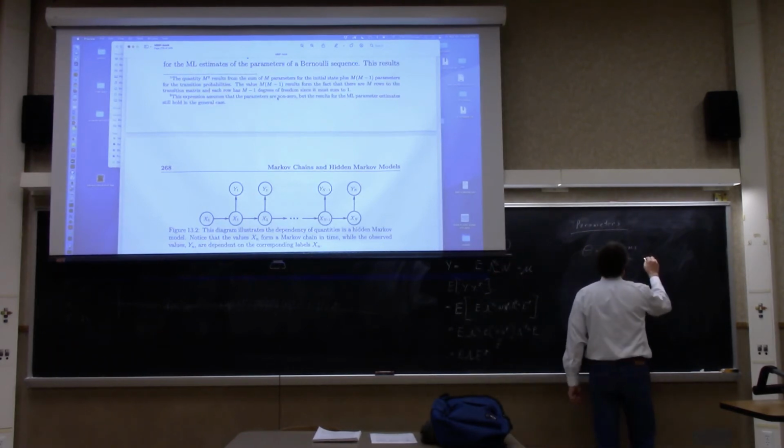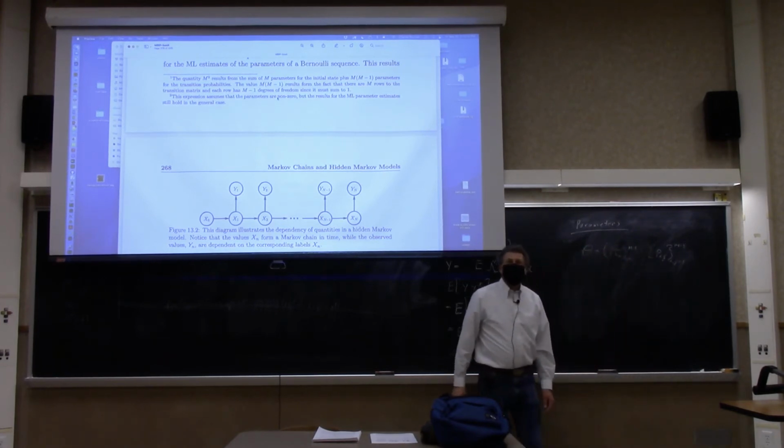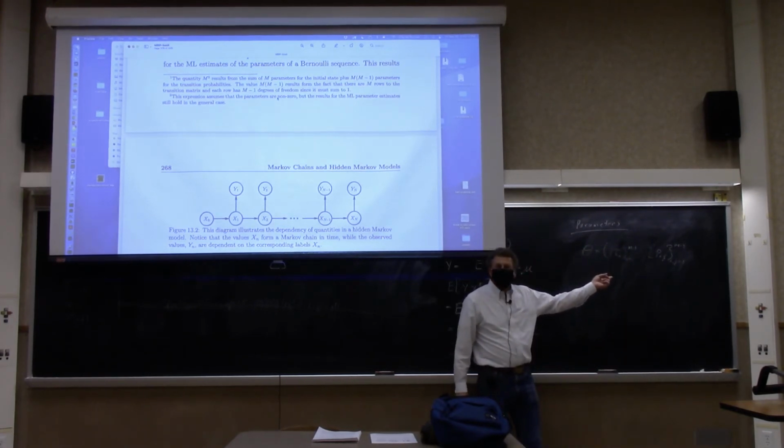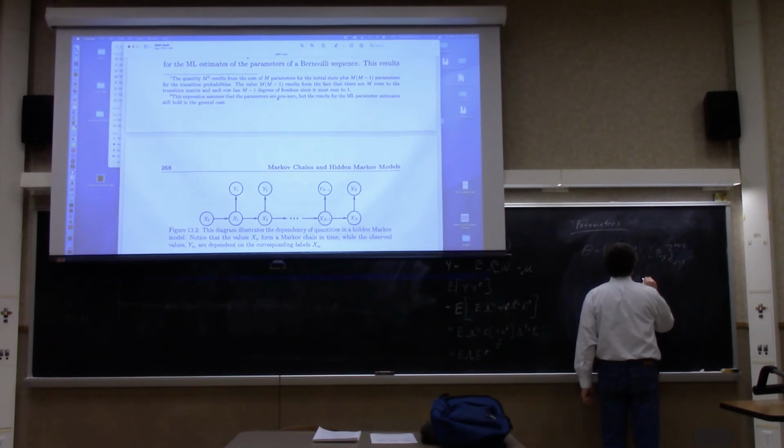You need to know Pij for i and j equals 1 to n minus 1. That's the transition probabilities, right? You need to know mu I for I equals 1 to n minus 1.